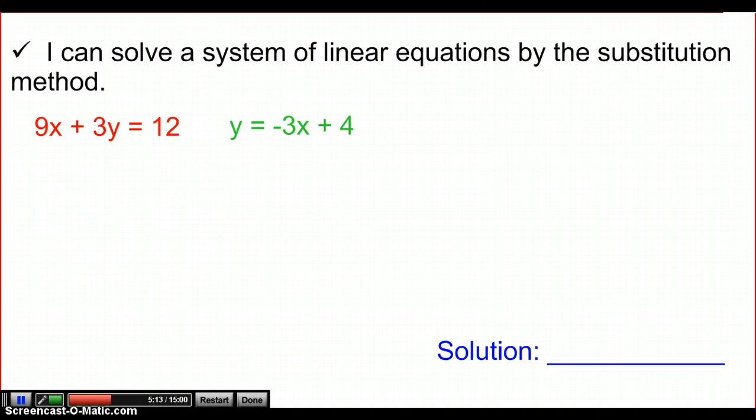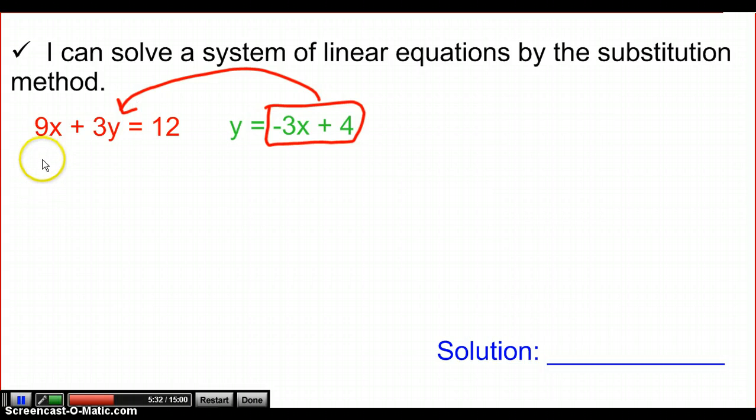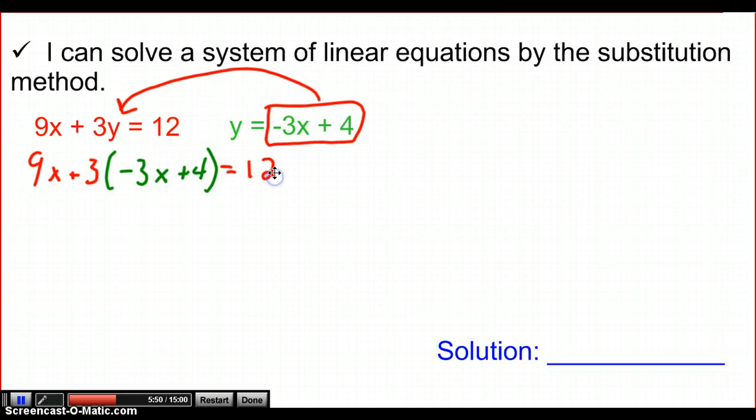Taking a look at our third example, 9x plus 3y equals 12, y equals negative 3x plus 4. Again, we have y already by itself, so we can take the expression negative 3x plus 4 and substitute in for y. So we write the equation 9x plus 3, and then in parentheses, substitute in negative 3x plus 4, and then continue the rest of our equation equals 12.